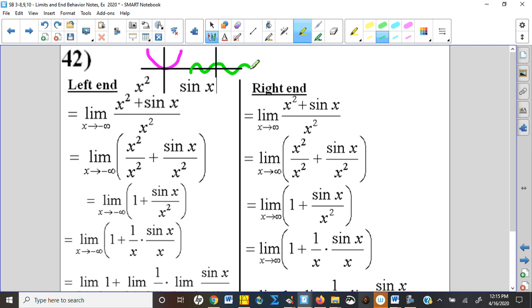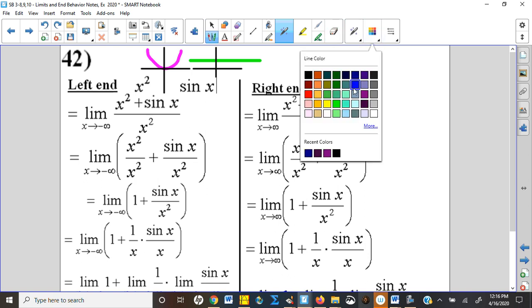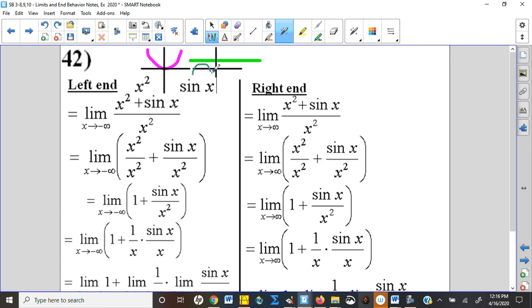Like if I had a line that was y equals 3, well, it looks like I just drew y equals 3. It would be just as weak as sine of x, because sine of x is bounded. It has an upper bound and a lower bound. So sine of x never gets smaller than -1 and bigger than +1.